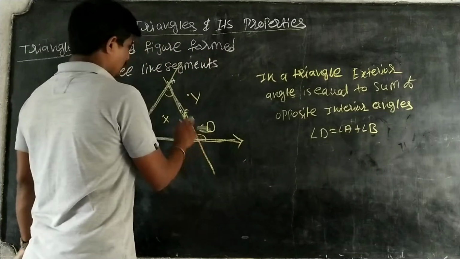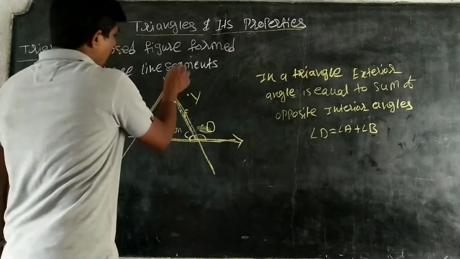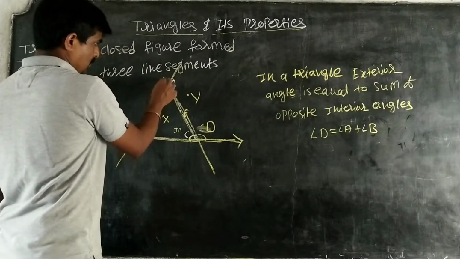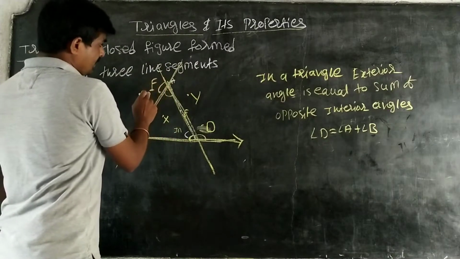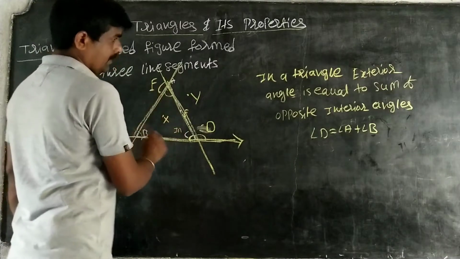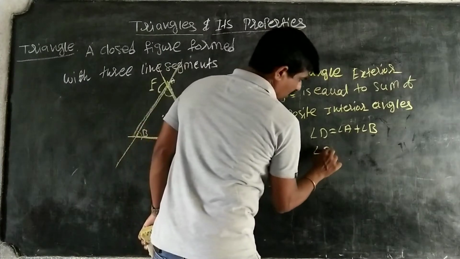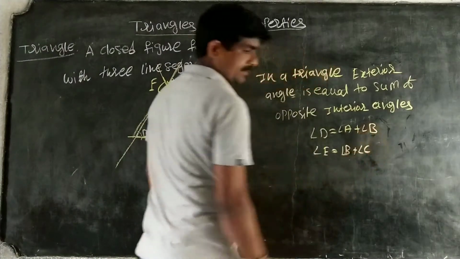So angle D is equal to angle A plus angle B. Okay, same if I take another angle here also. This E is equal to what? The opposite angles, B and C. So angle E is equal to angle B plus angle C.